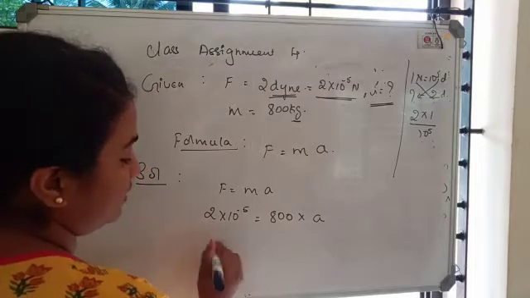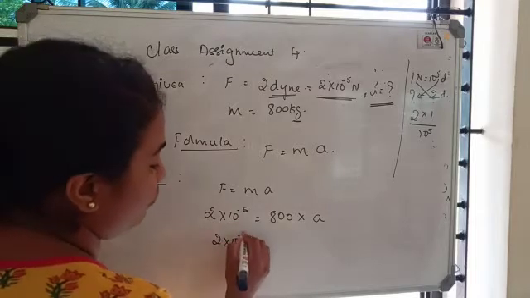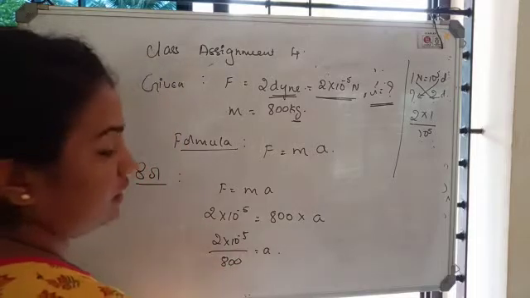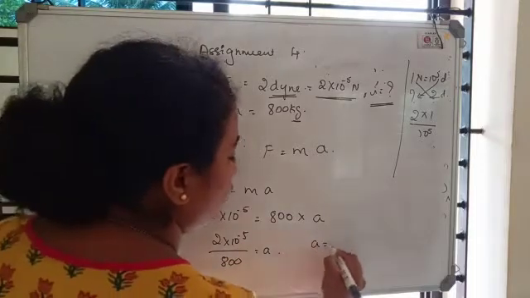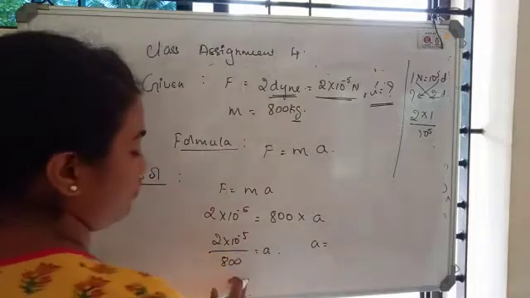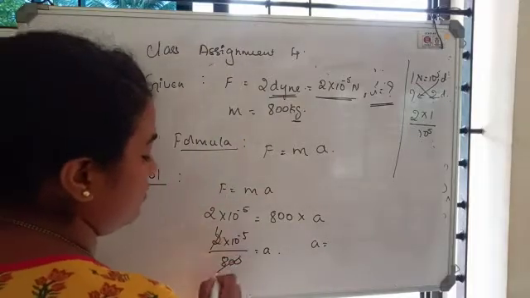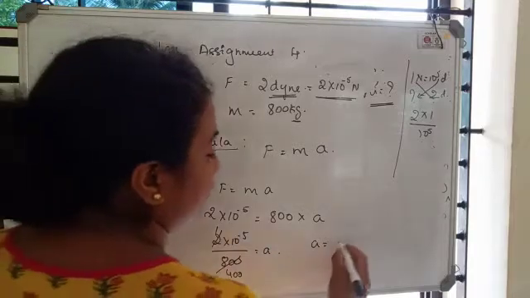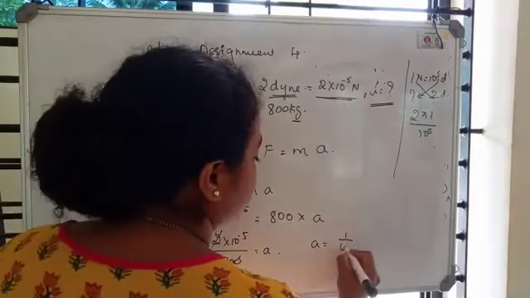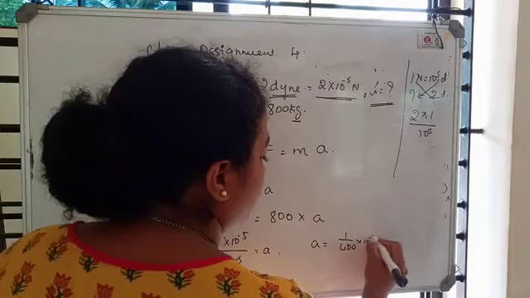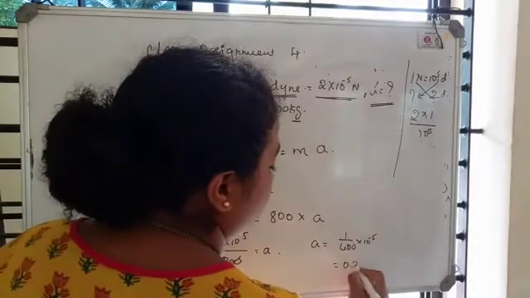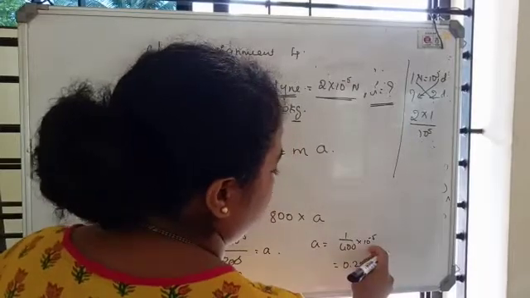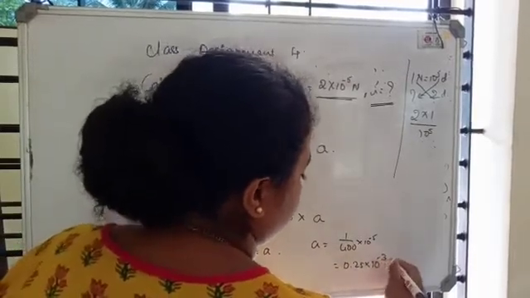So it is 2 into 10 raised to the power of minus 5 divided by 800 is equal to A. Solving this, 1 by 400 into 10 raised to the power of minus 1.